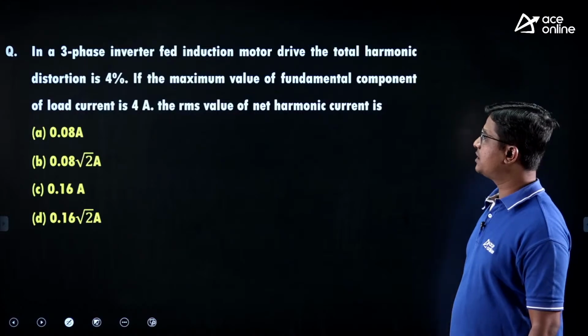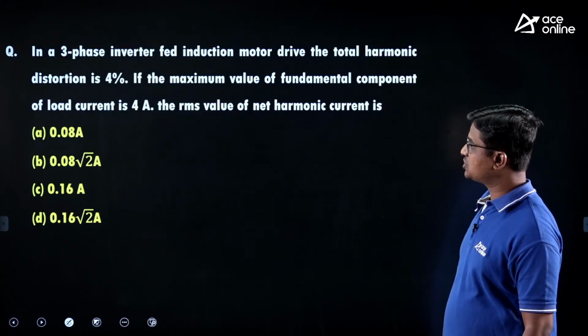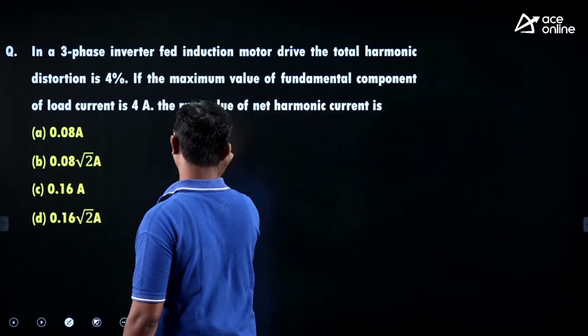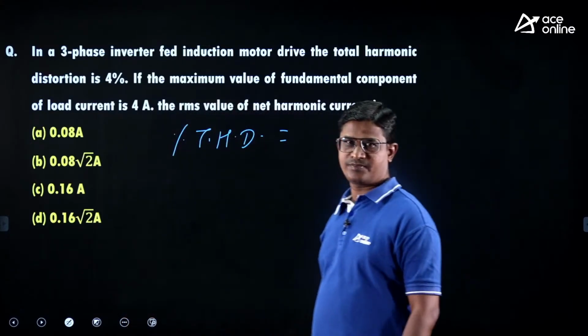In a 3-phase inverter fed induction motor drive, the total harmonic distortion is 4%. THD he has given, percent THD. We are having the concept of THD in the inverter chapter, right?